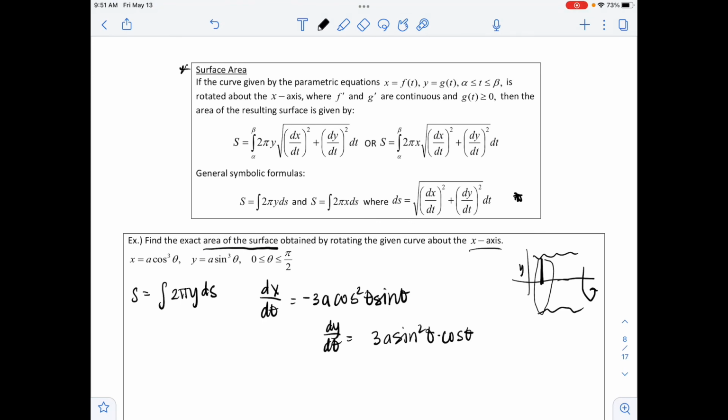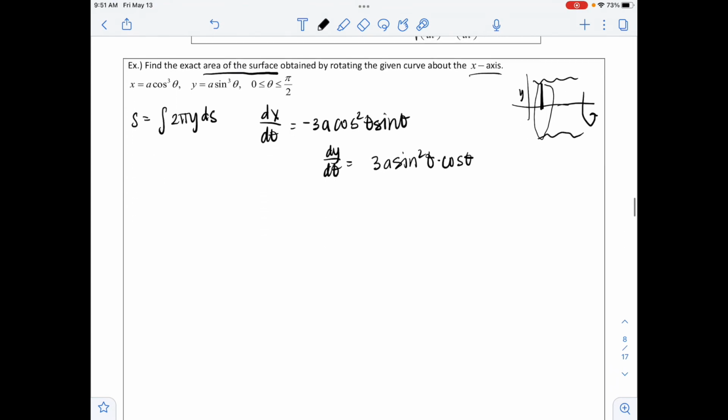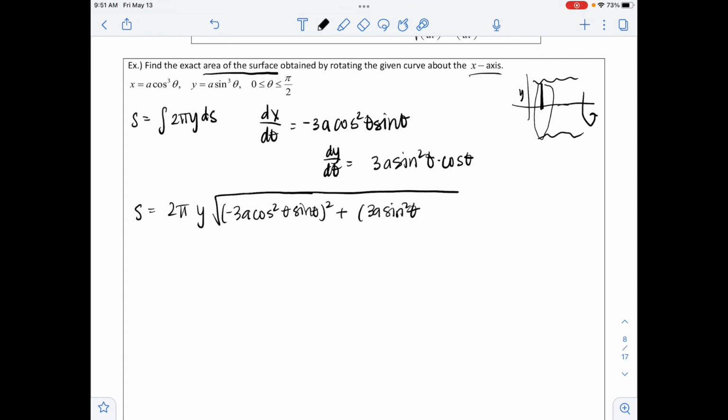And then from here, substituting this stuff into our formula, we have S is equal to 2π y times ds, and ds was going to be the square root of dx/dθ squared, so we have negative 3a cosine squared θ sine θ, squared, plus dy/dθ squared, which is 3a sine squared θ cosine θ, squared.